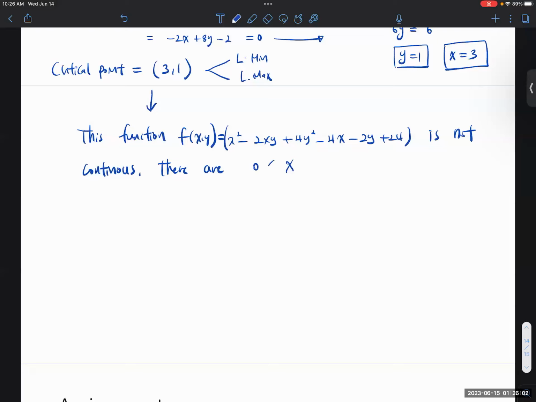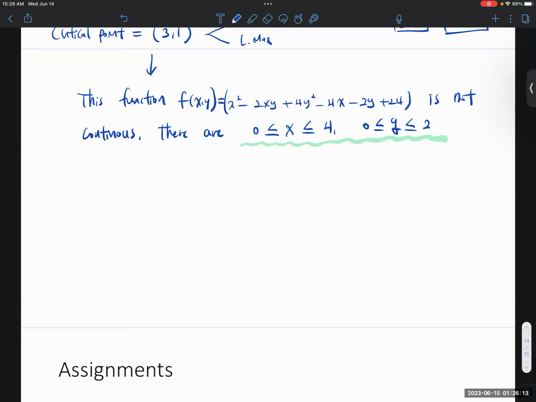X is going to be between 0 and 4. Y is going to be between 0 and 2. So within this boundary, you have local max, local min, you have absolute max, you have absolute min. You will find it, right?